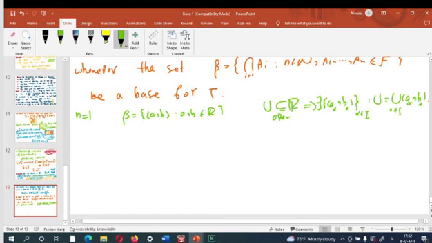And we know that this family can be considered as a countable family.